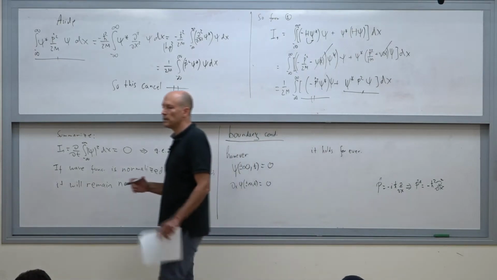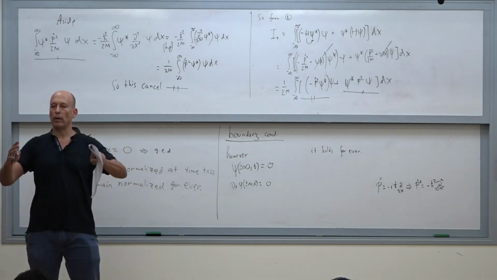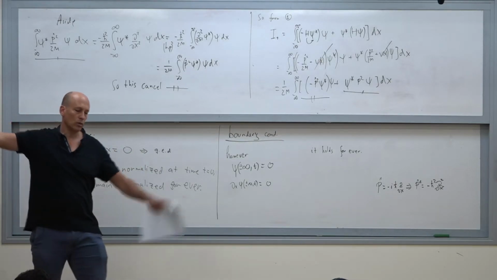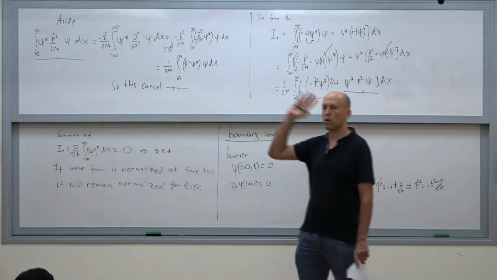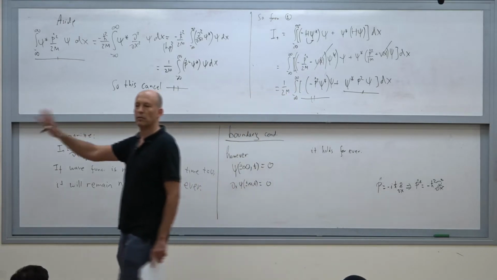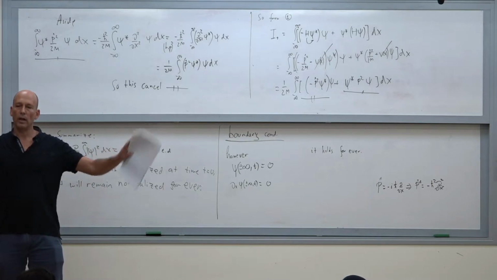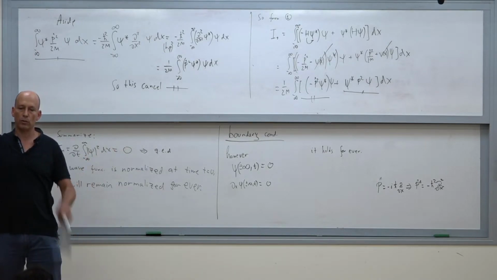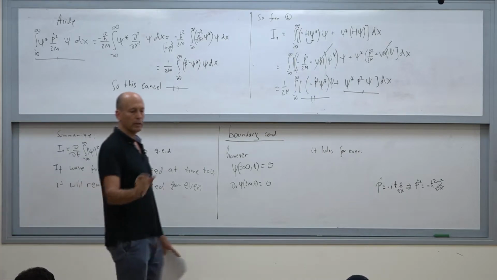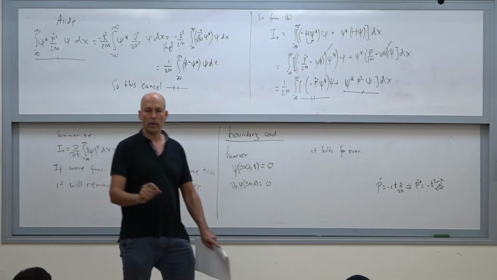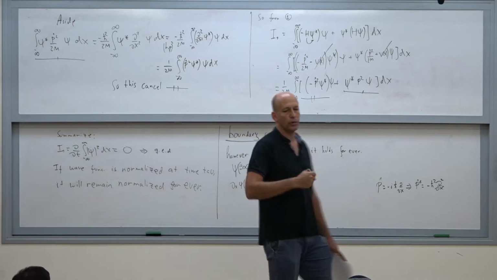To say it differently, let's say you have a Gaussian wave packet of a free particle. You started somewhere like a Gaussian. At the moon, the probability density of finding the particle is 10 to the minus 1,000, which is nothing. It cannot propagate very fast to the boundary, and therefore in the boundary conditions, if you start with something reasonable, normalizable, and your particle is somewhere within some domain, then at infinity it cannot be found, not now and not forever.